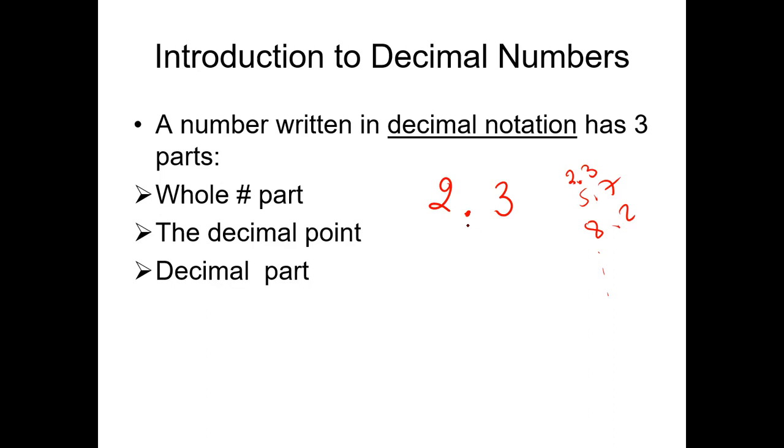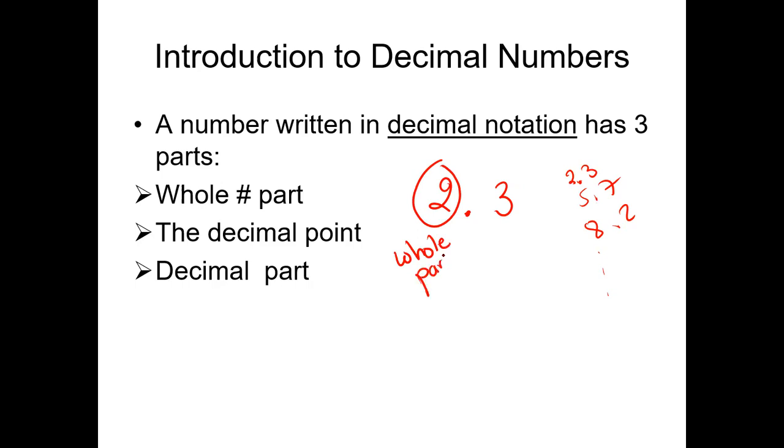What is the whole part? The whole part is the part to the left side of the point, okay? So this is the whole part, to the left side of the point. This is the decimal point, and this is the decimal part, to the right side of the point. So we have 3 parts for a decimal number. We have the whole part, 2 is the whole part.